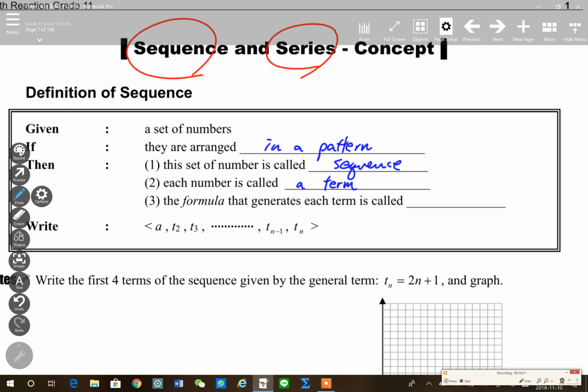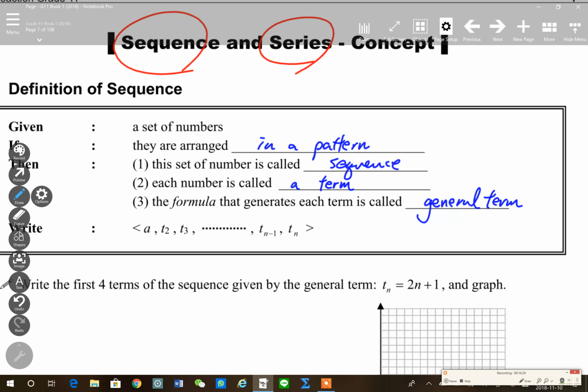It's called the general term, kind of like the general form. So the general term is a formula you can use to find, let's say, the 70th term, or 17th, or 8th term, any term you want.